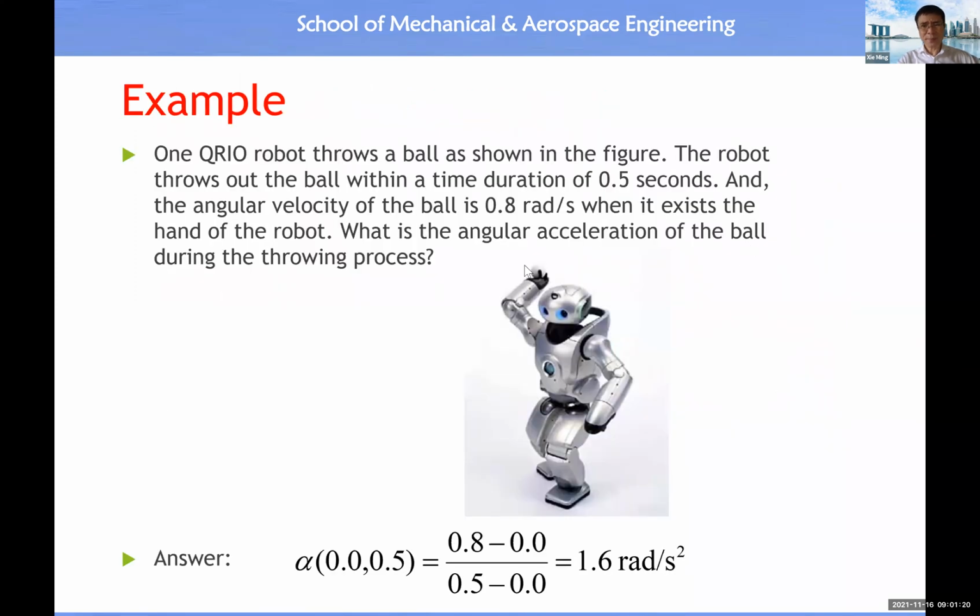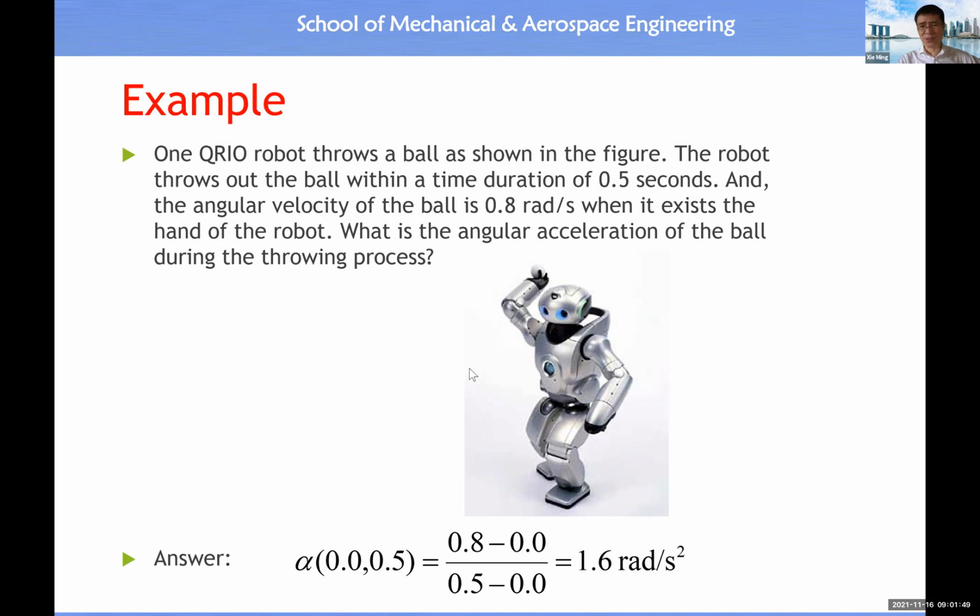Then this is a simple exercise. Let's say this robot threw a ball to a certain distance. The process occurs within 0.5 seconds, and initially the ball is at rest. When the ball exits from the hand of the robot, the ball will reach this angular velocity.